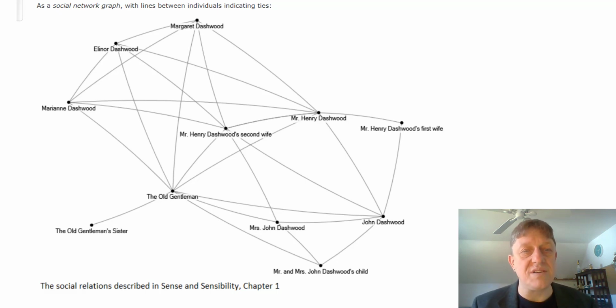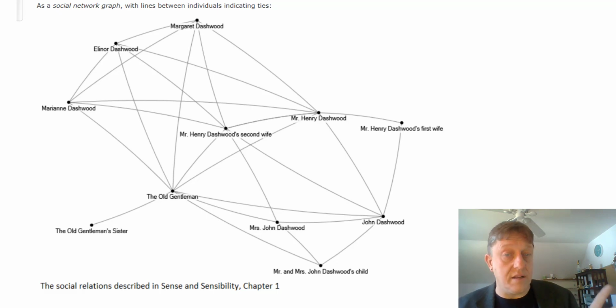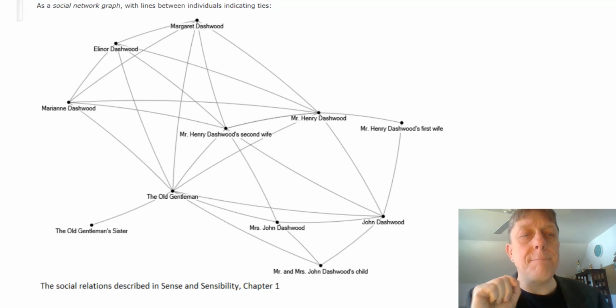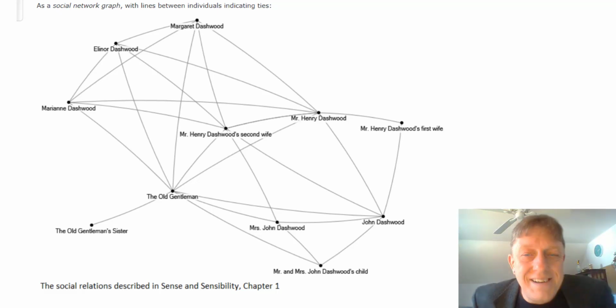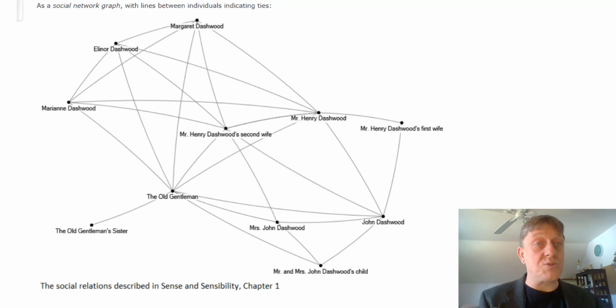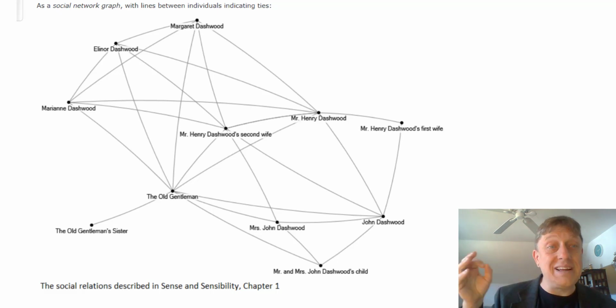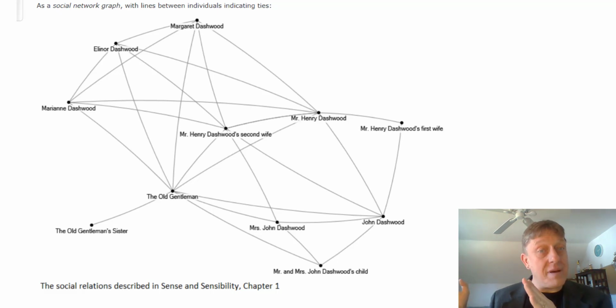Mr. Henry Dashwood's second wife, as yet unnamed, has many relationships, and then there are some that are in between, such as Mr. Henry Dashwood's first wife, who is mentioned glancingly as having been married to Mr. Henry Dashwood and having been the mother of John Dashwood. And that's all the relations that we get.